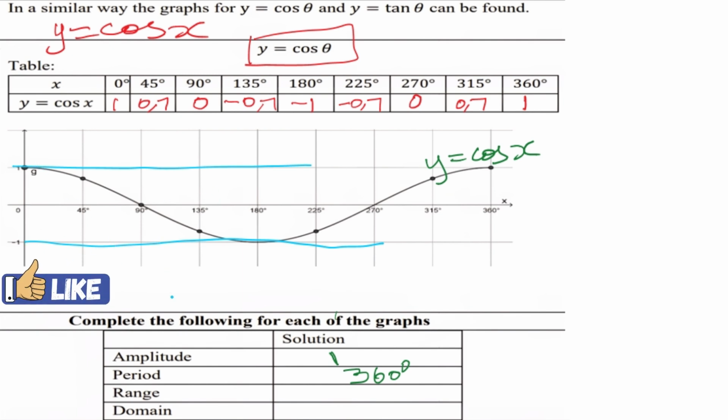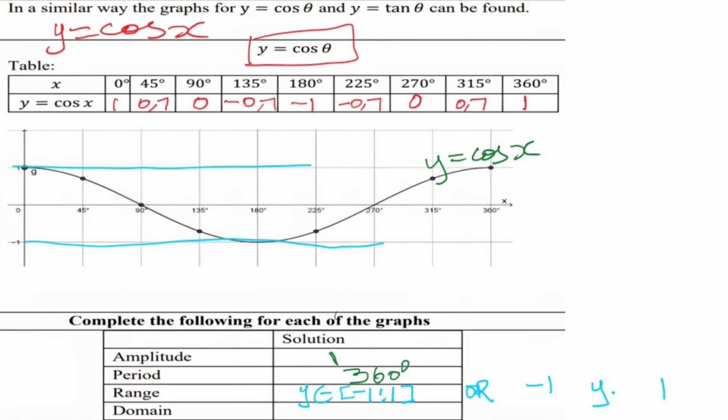So you will say y is an element of negative 1 to 1. If you don't want to write this answer, you can just say negative 1 and then positive 1.